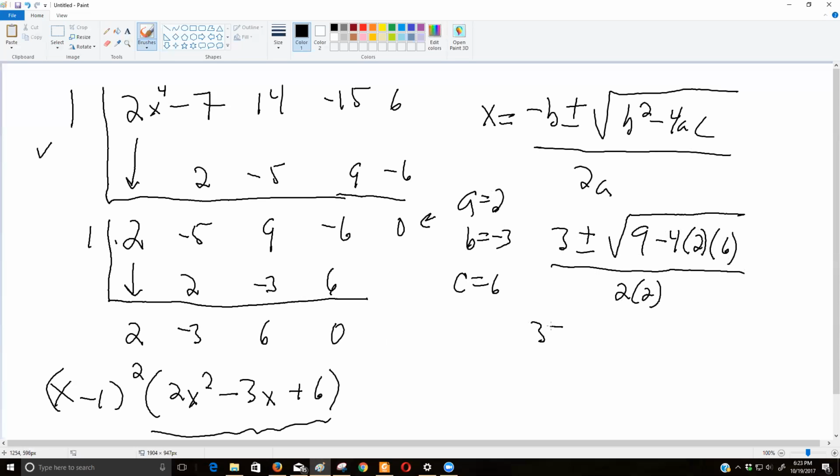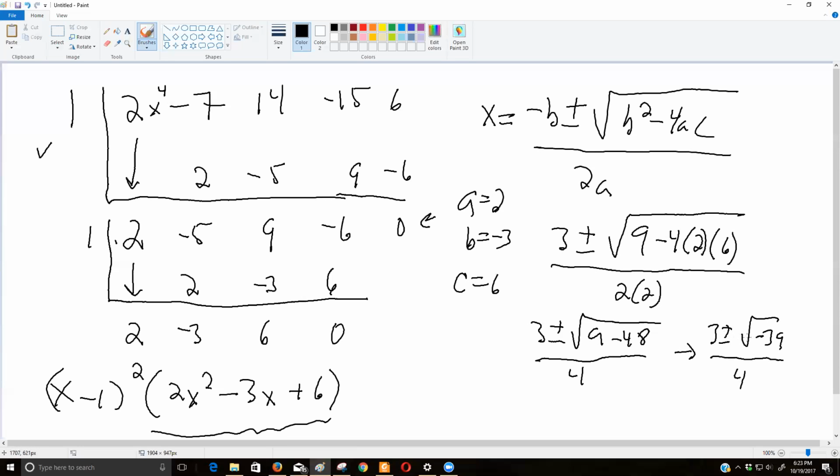So that leaves me 3 plus or minus the square root of 9 minus 48, since 2 times 6 is 12, times negative 4 is negative 48, over 4. And that will become 3 plus or minus the square root of negative 39 over 4. And of course, 3 times 13 is 39. Neither one of those is a perfect square, so we can't break that down.